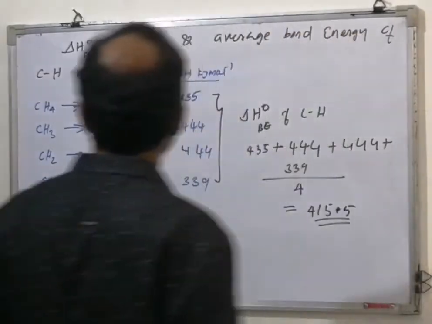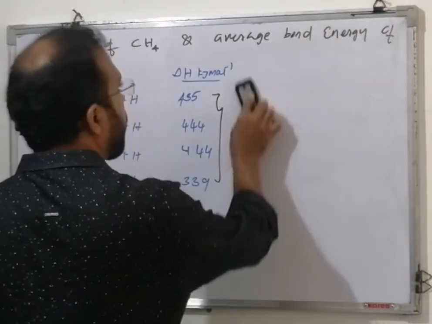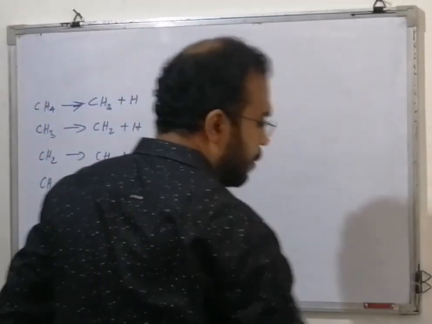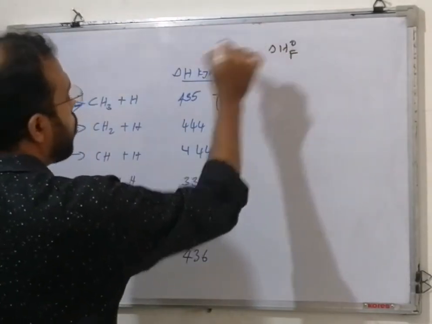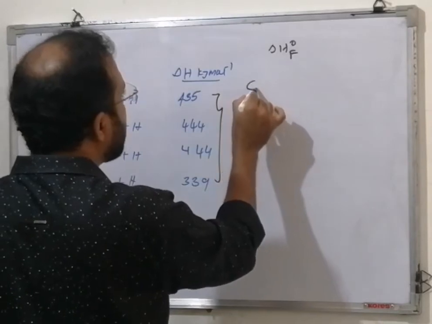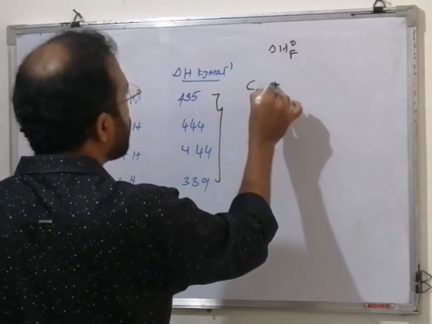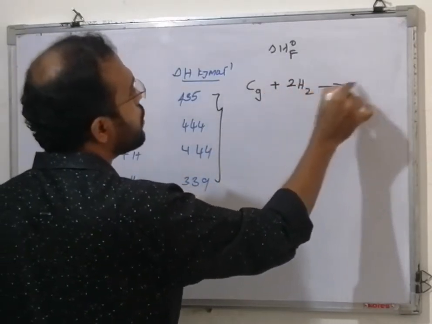Now let us go to delta H0 formation. They are asking what is delta H0 formation from bond energy. Delta H0 formation means C graphite plus 2H2 gives CH4.